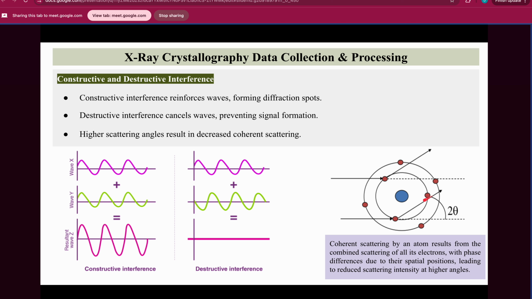So when we say scattering, we want each electron's contribution to be the sum of the angles at which the X-rays are diffracted by each single electron. So if this angle is quite large, then we won't get many such radiations which are getting diffracted back. So we want the scattering angle to be low, so that multiple such scatterings could be observed. So that's why we want lower scattering angles to get coherent scattering.